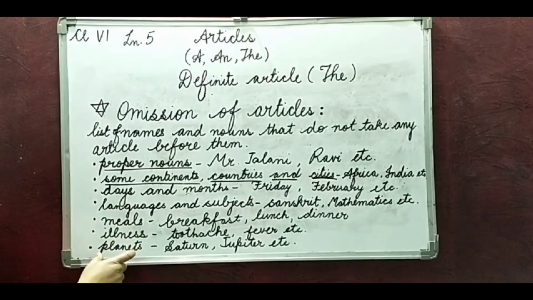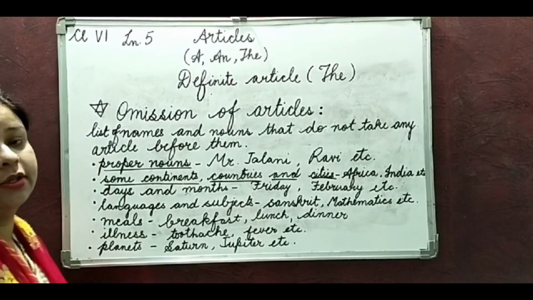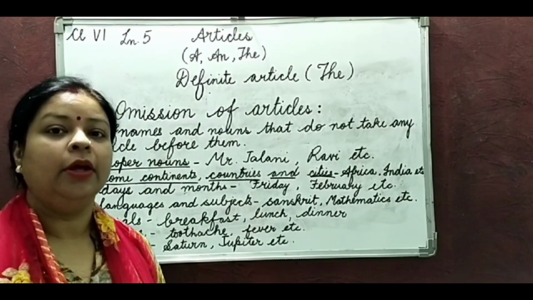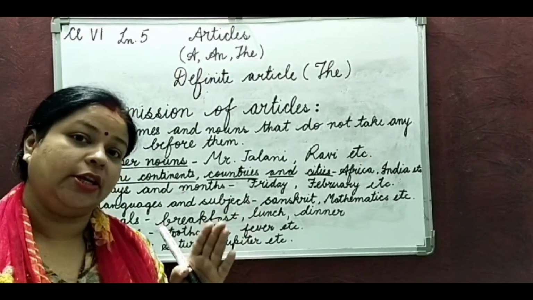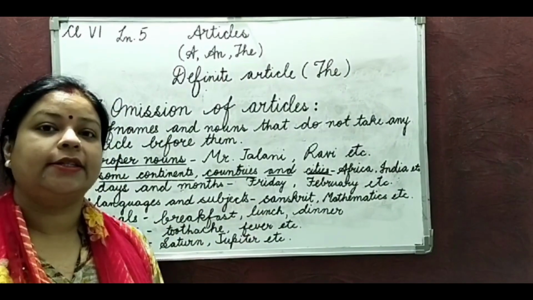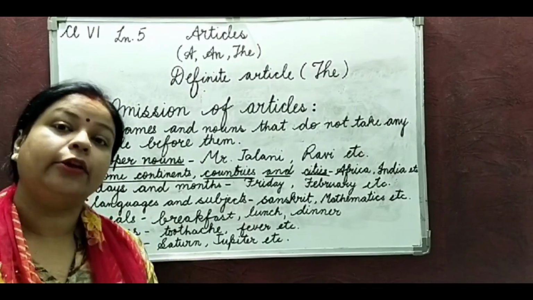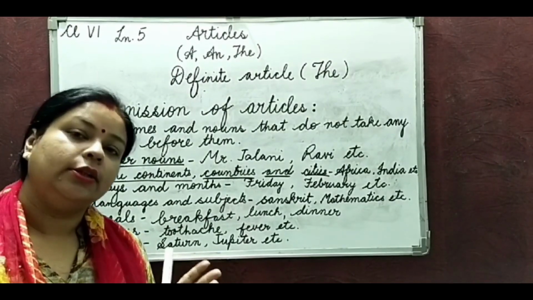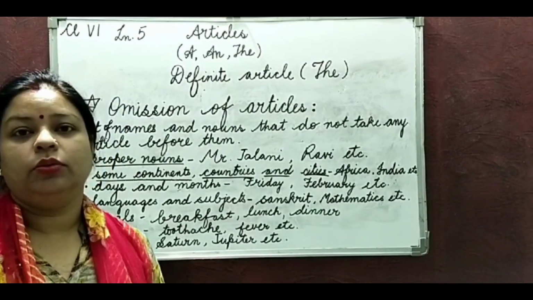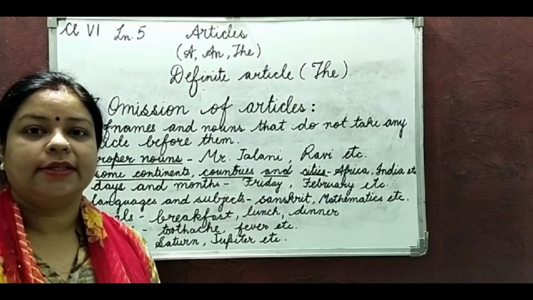And then come planets. With some certain names we use the article the, such as the sun. It is considered in the solar system, so we say the sun, the moon. They are unique. That's why we use the with them. Although the moon is not a planet, it's a satellite.